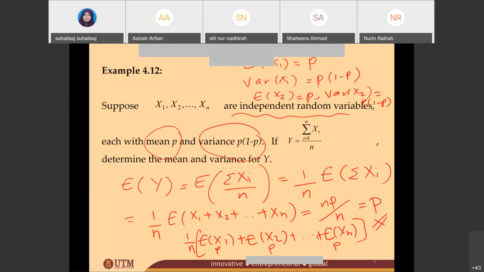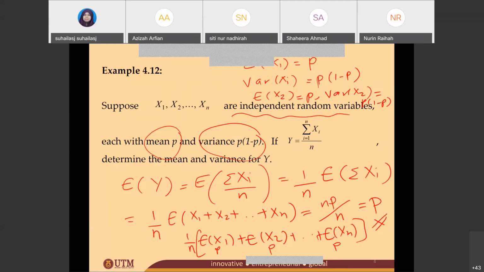So sekarang kita dapatkan expected value of summation Xi. So X1, X2, Xn. Okay, so guna balik properties dia. So kita dah tahu benda tadi tu adalah independent variable. So E[X1] pun P, E[X2] pun P. So kita ada N terms. Kita ada N variable lah, X1, X2 sampai N. So mesti P tu sebanyak N, P. So NP divided by N. So that's why kita dapat balik P.